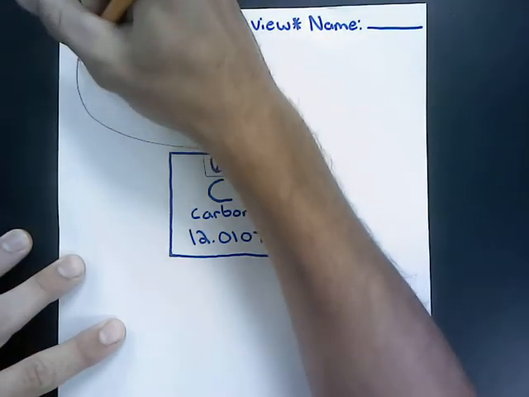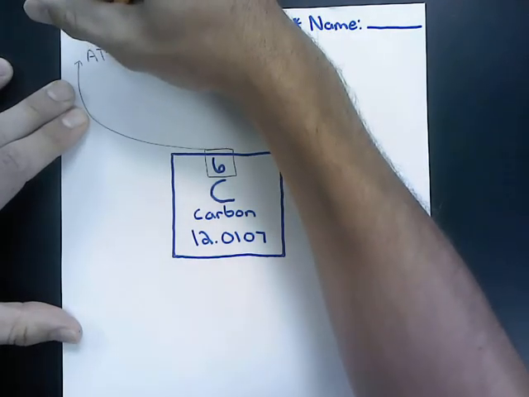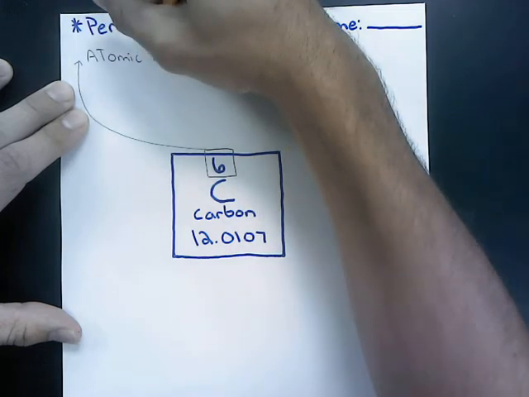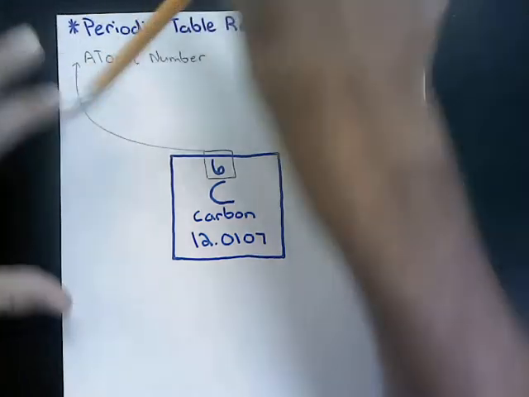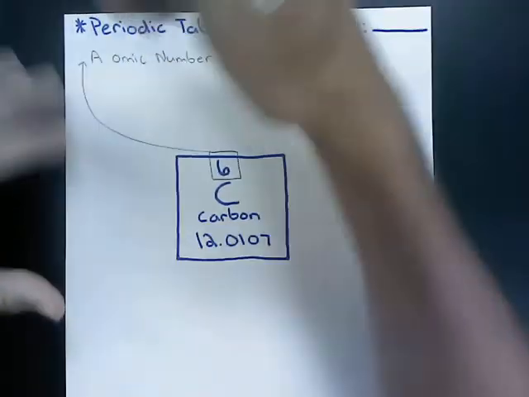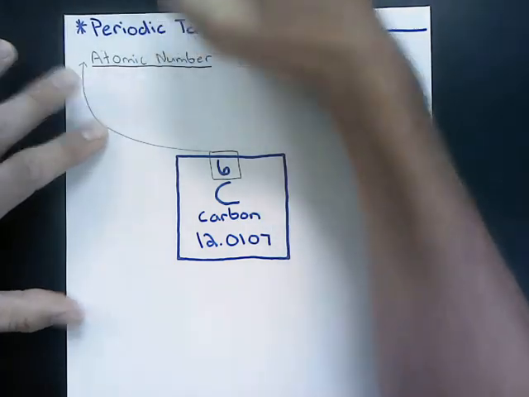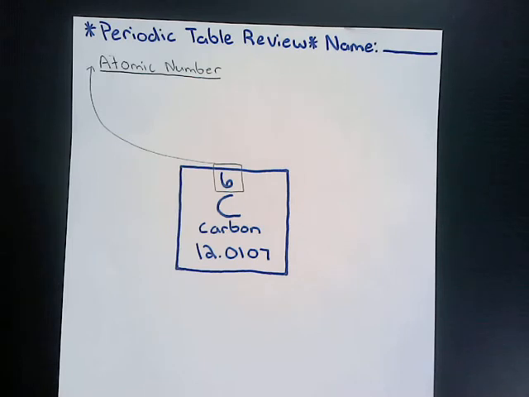That number right there is known as the atomic number. Now, the atomic number is defined as the number of protons in the nucleus of an atom.